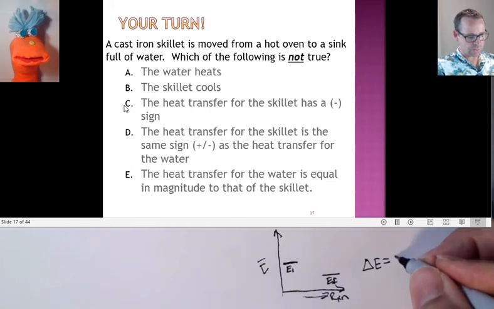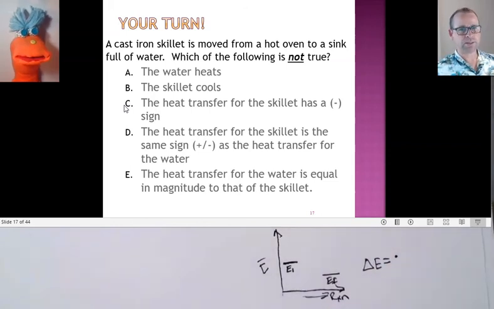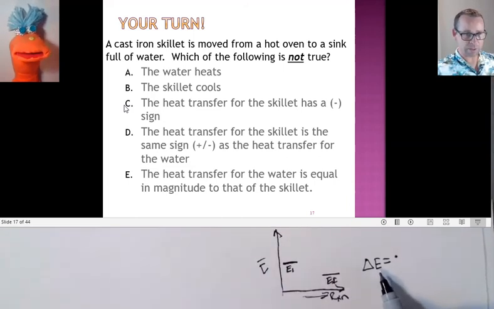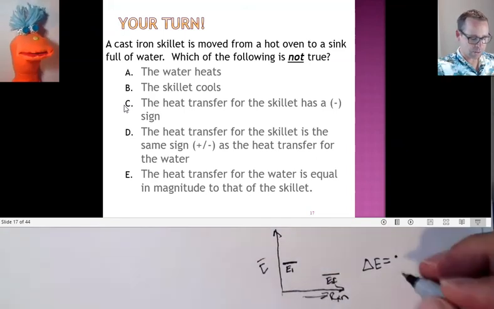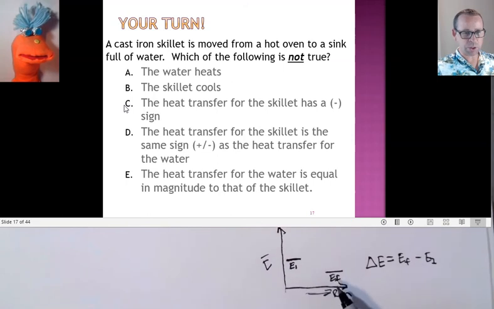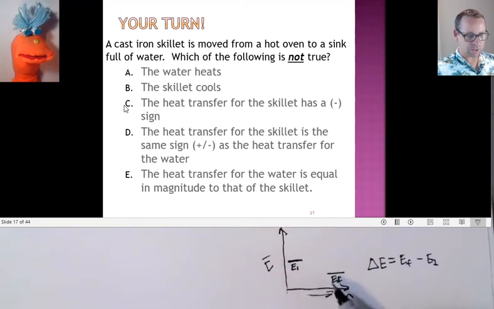then if we want to look at the change in energy, what do we do when we want to find delta E? What do you mean? Well, remember, delta whatever is always change, or the something minus the something. Oh, final minus initial? That's right. So we go energy final minus energy initial. We didn't actually put numbers on here, but we know that the energy decreases.